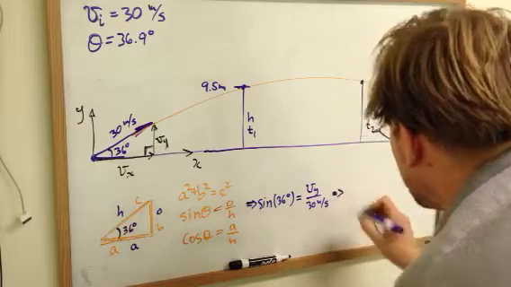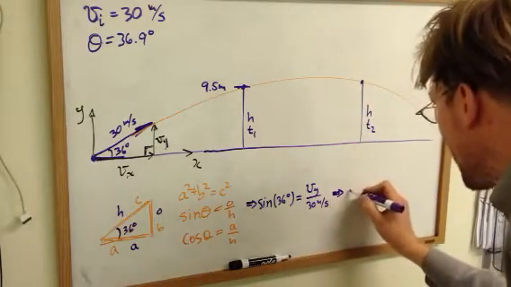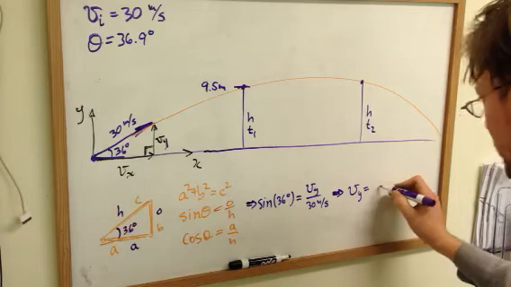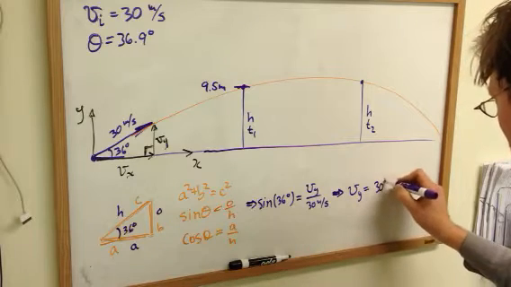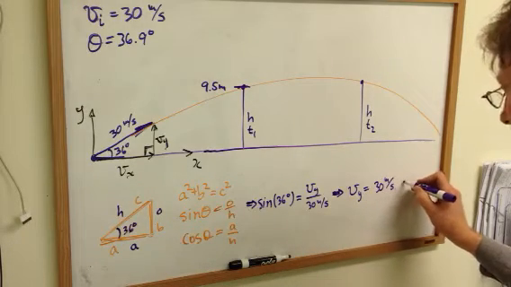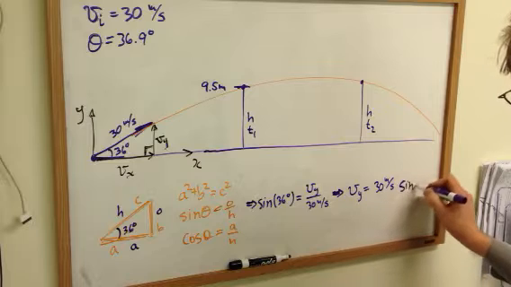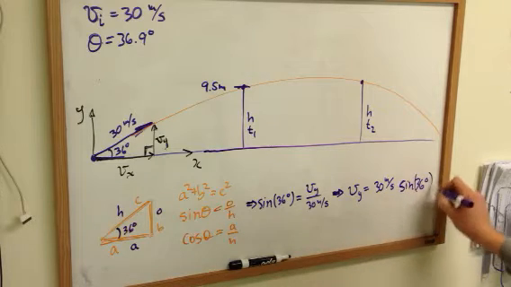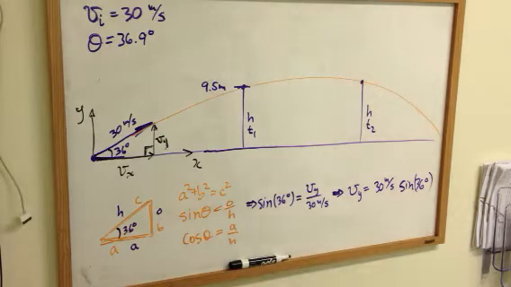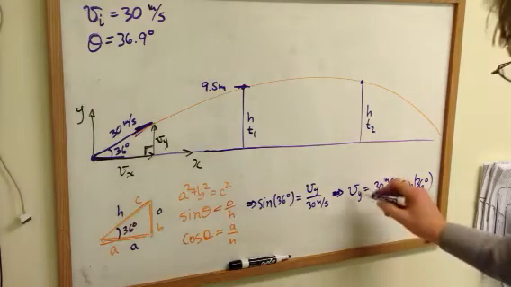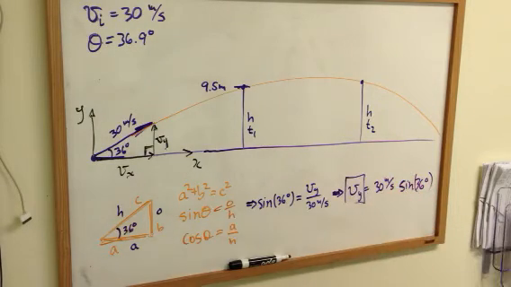If I multiply both sides by 30 meters a second, I'll be able to say Vy is equal to 30 meters a second times sine of 36 degrees. I'm not going to calculate that. Everyone will have different calculations anyway, but let's just say we now know our vertical velocity.